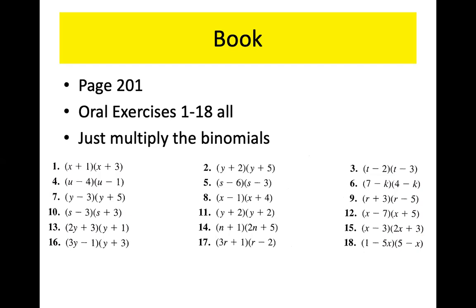Here's the pattern, Kaylee. Multiply the first ones. So we write u to the second. Then we multiply the last things. Plus 4. Negative times negative is positive. The middle one is the hard one. Some of you still might have to write some scratch work. You get that by the middle 2 things multiplied together plus the outer 2 things multiplied together.